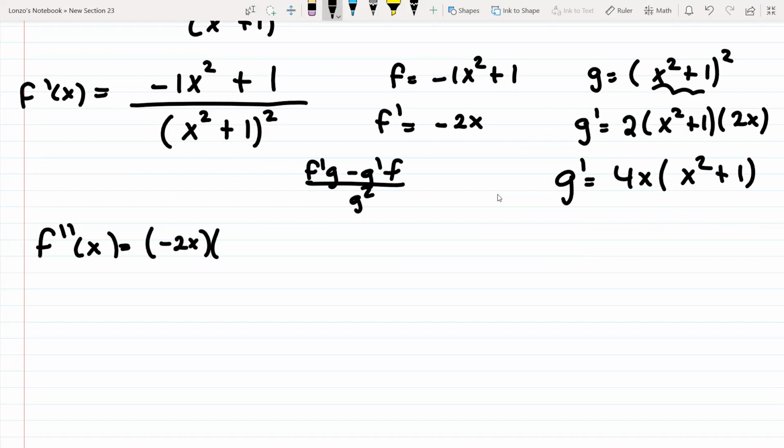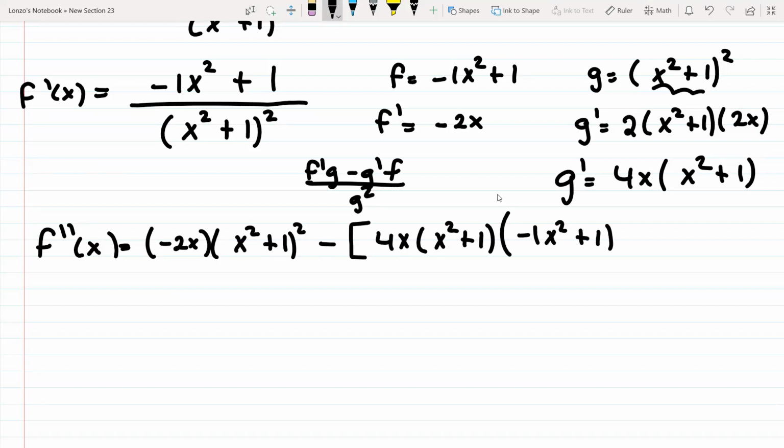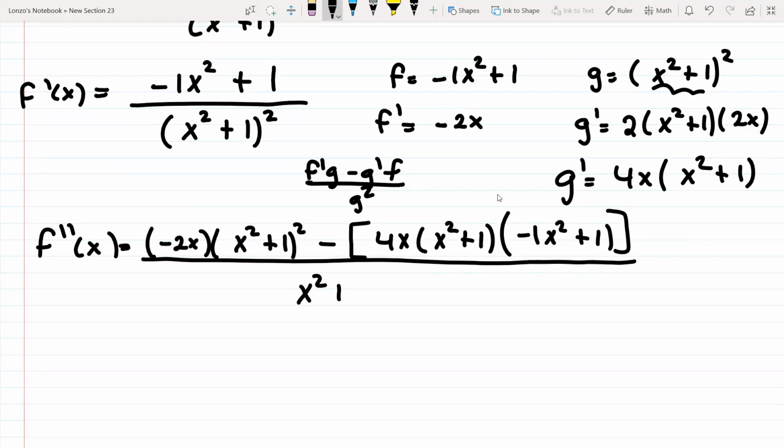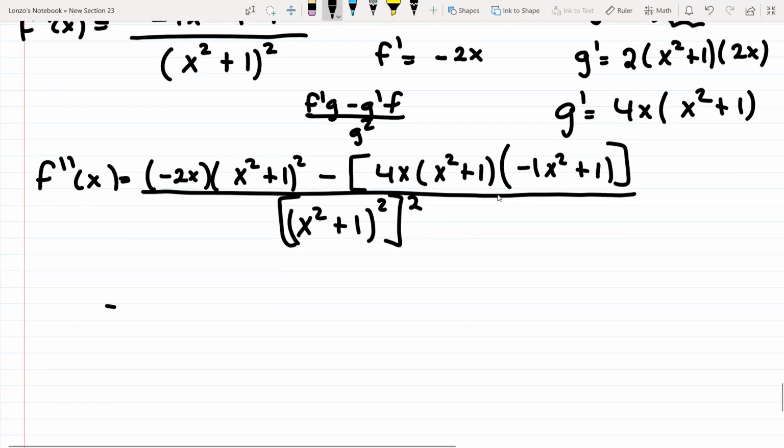And then g is x squared plus 1 squared, minus bracket g prime, which is 4x times x squared plus 1, times f, which is negative 1 times x squared plus 1, all over g squared. So that'd be x squared plus 1 squared, raised to the second. Yeah, it looks like a big mess.